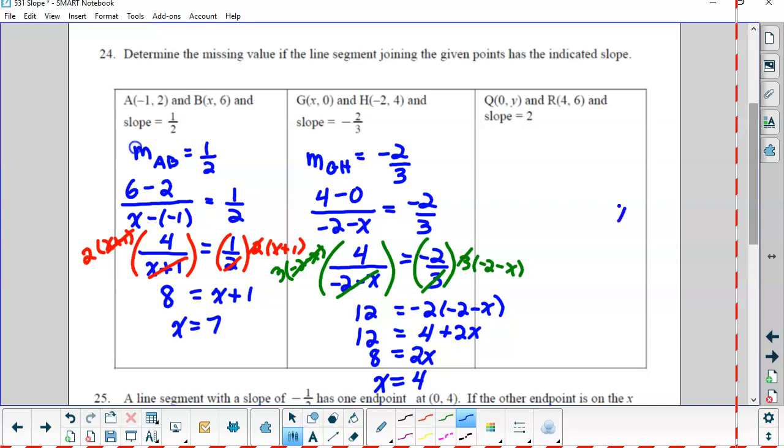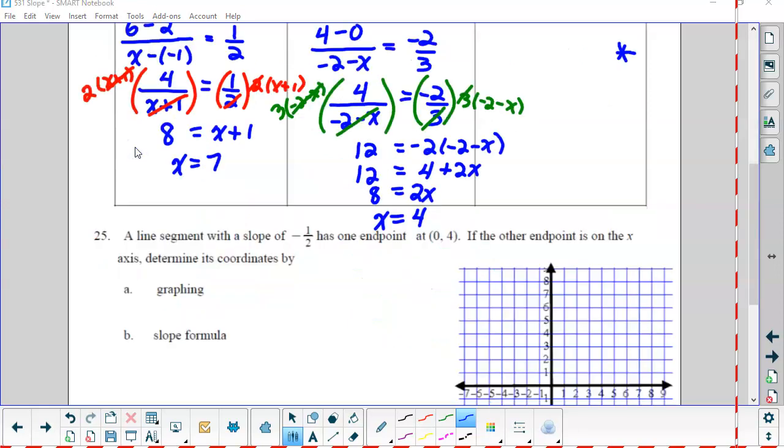Okay, I'm going to leave the next one for you to do. Okay, so we're going to do 25 together. This will be the last one. You can finish 26 on your own.